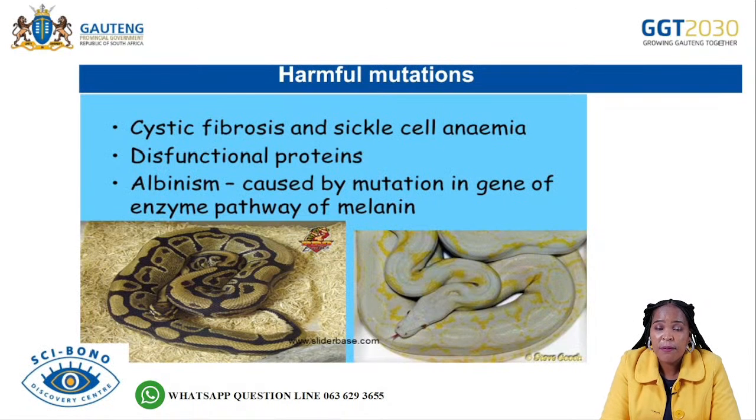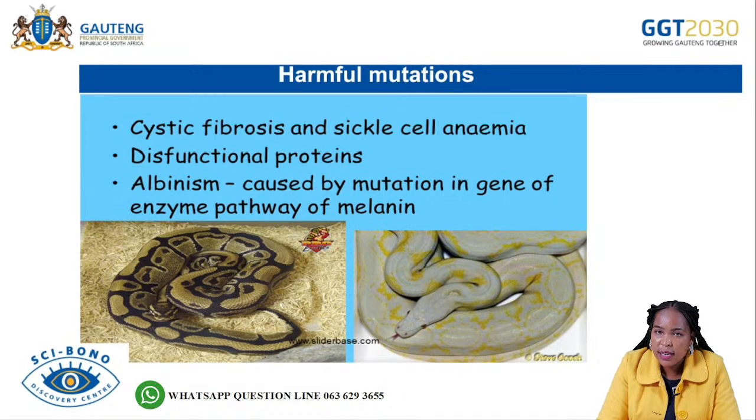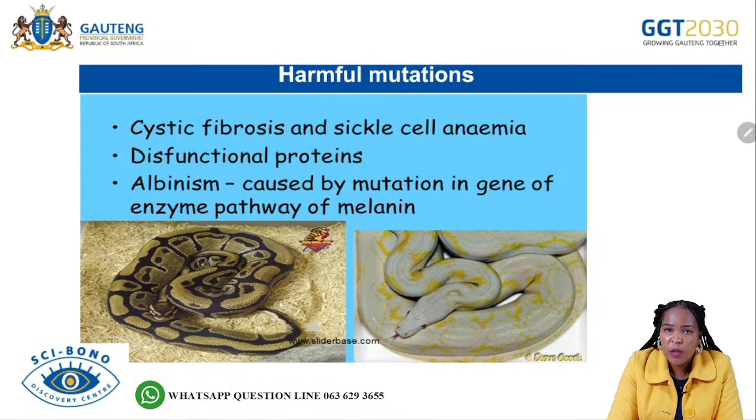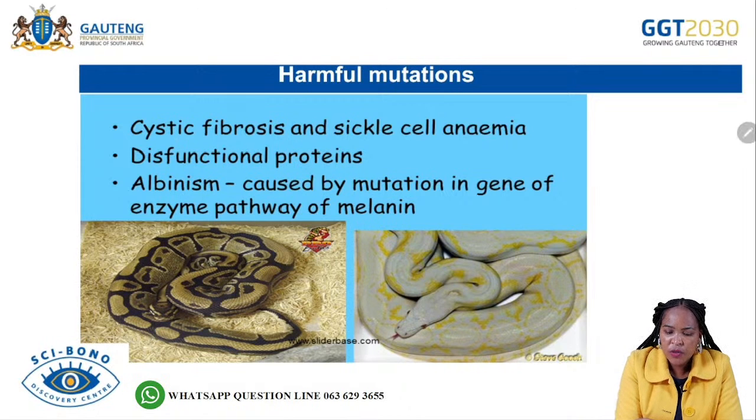Then you get to your harmful mutations. Some mutations may be harmful, such as cystic fibrosis and sickle cell anemia. These are diseases now. Some mutations may be harmful in such a way that they cause diseases. One disease that may be caused from a harmful mutation is cystic fibrosis, where you get fibroids in your organs. Mostly you'd find females in their ovaries and their uterus will have the fibroids.